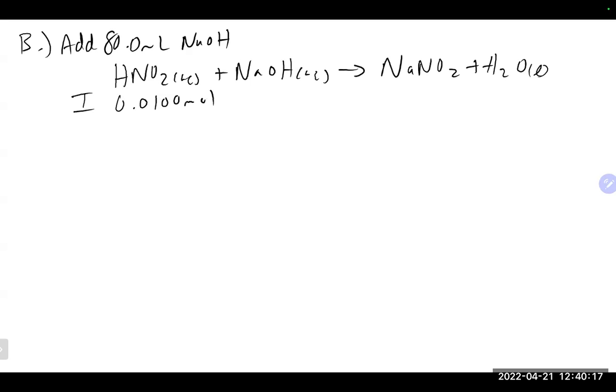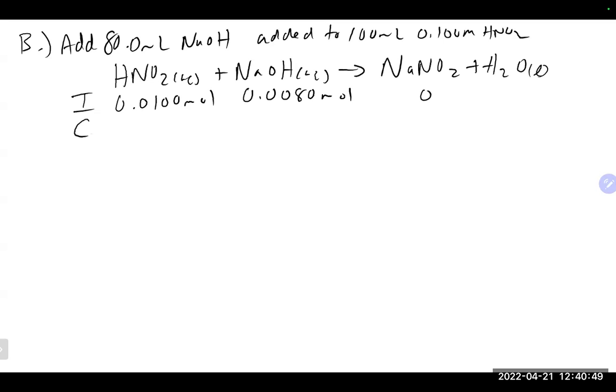For our sodium hydroxide, we are adding 80 milliliters, so that's 0.08 times the molarity of our sodium hydroxide, which is also 0.1, gives us 0.008 moles, and that would be 0 there. Any questions on the moles there?